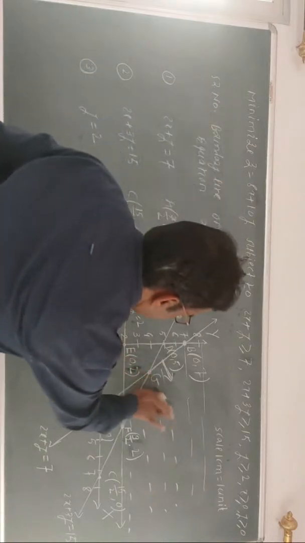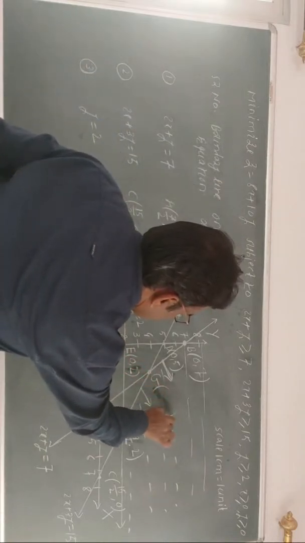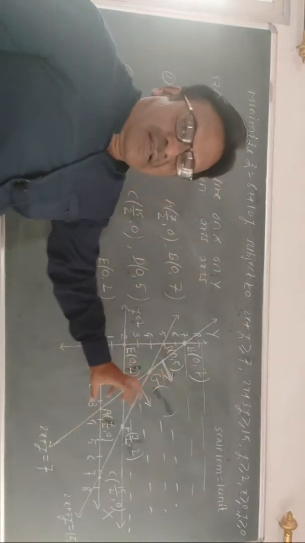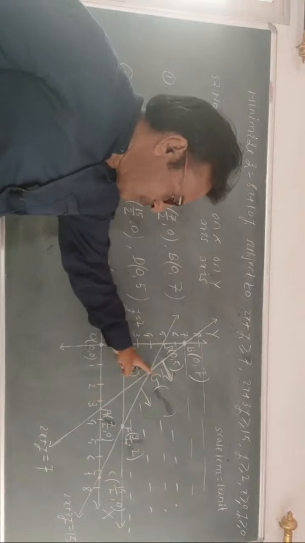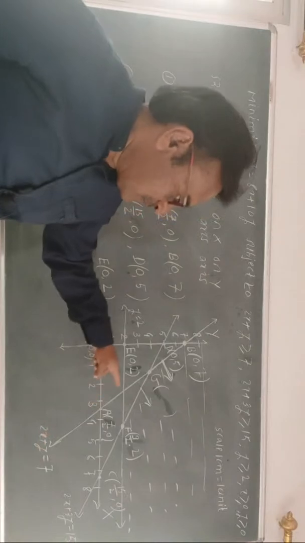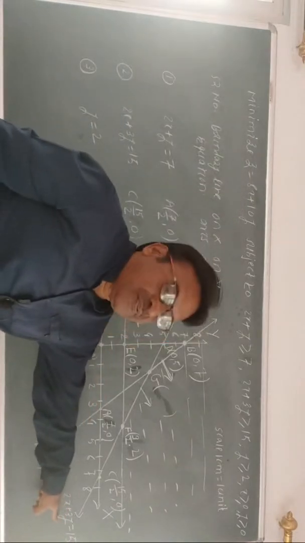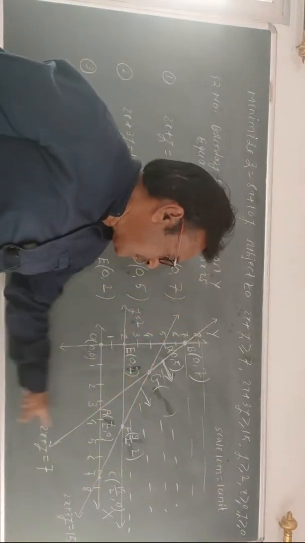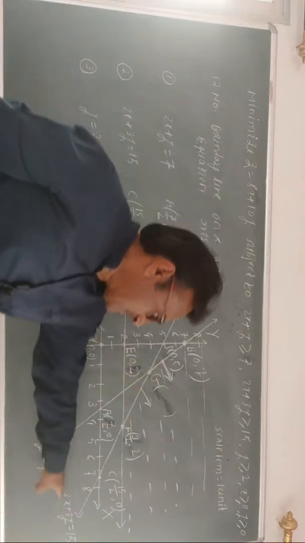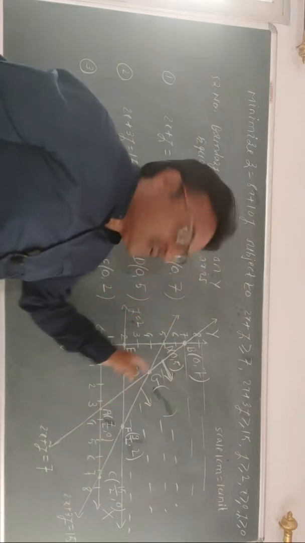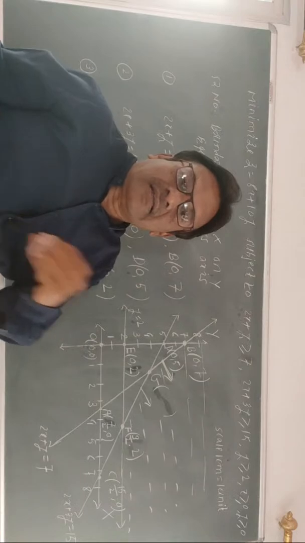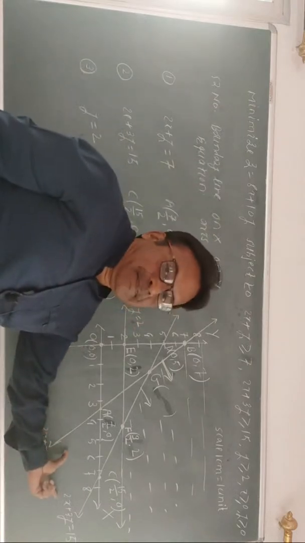Next we find the coordinate of the point G. From this figure, it is clear that point G is the point of intersection of the line 2x plus y equals 7 and 2x plus 3y equals 15. ये जो दो लाइन है, एक है 2x plus y equals 7, this boundary line, and 2x plus 3y equals 15, this boundary line. इसका जो point of intersection है वो G है, तो G के coordinate निकालने के लिए आपको ये दो equation solve करना पड़ेगा.